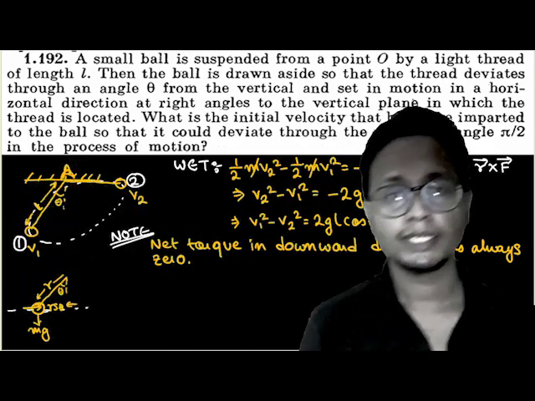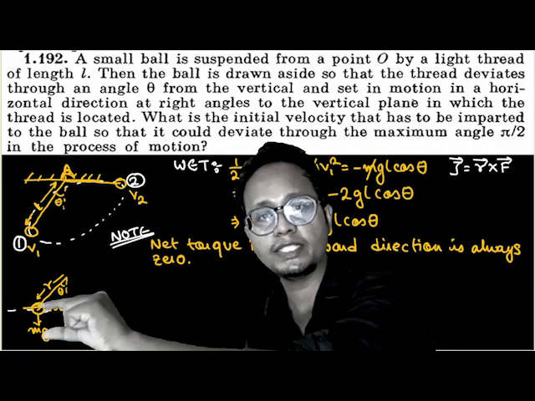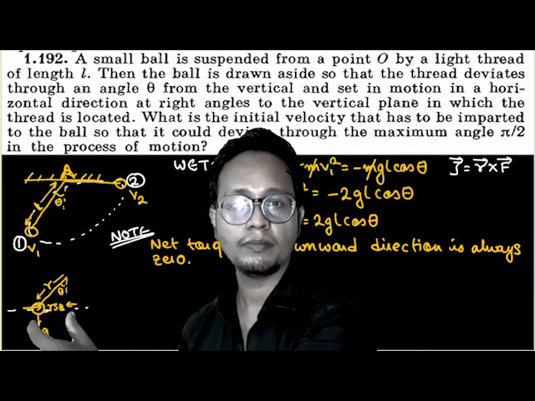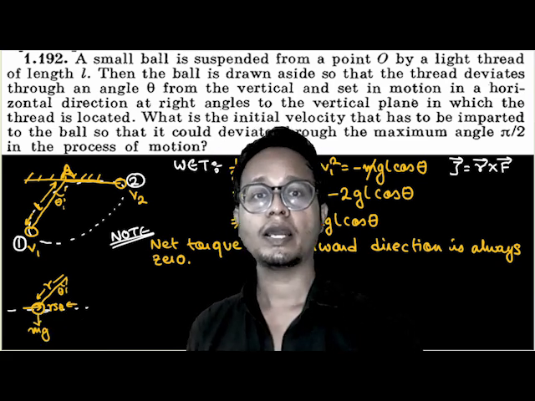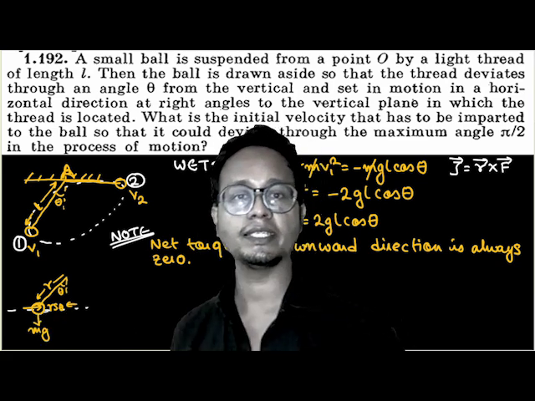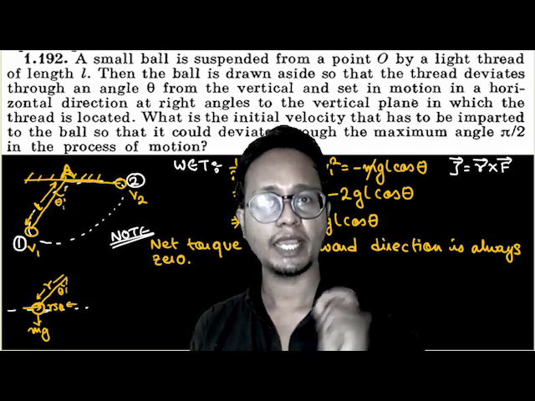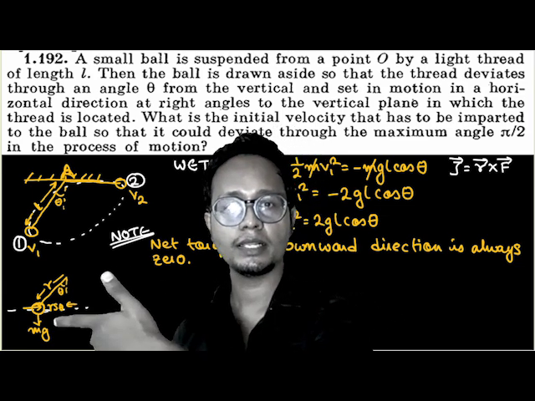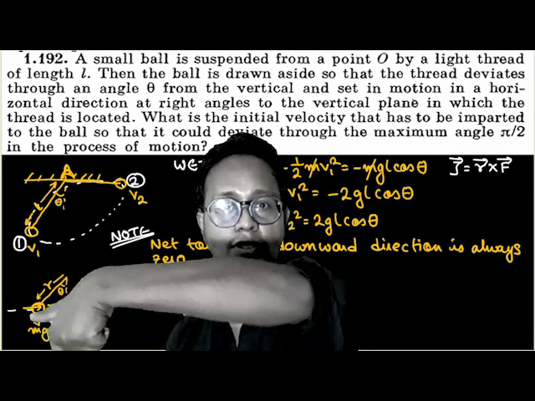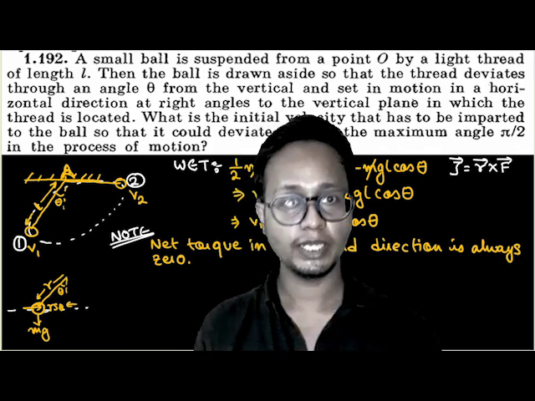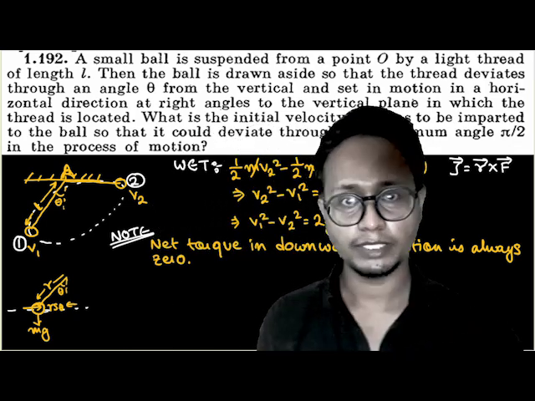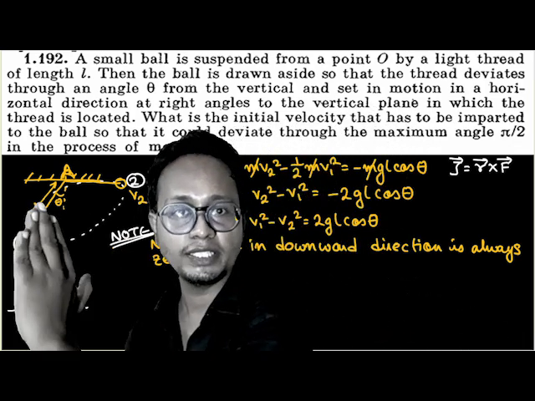If this is mg, then r cross f is nothing but mg r sin theta. Understood? And the direction of torque would be r cross f in this direction or towards zero. There is no component of torque in downward direction. And what about, sir, if you take the component in this direction?